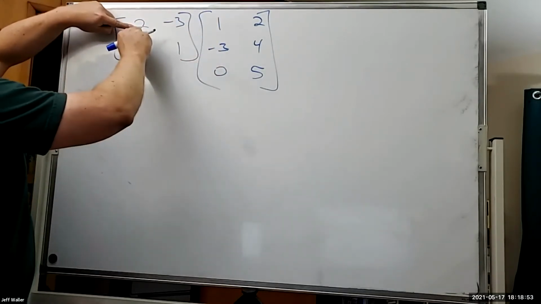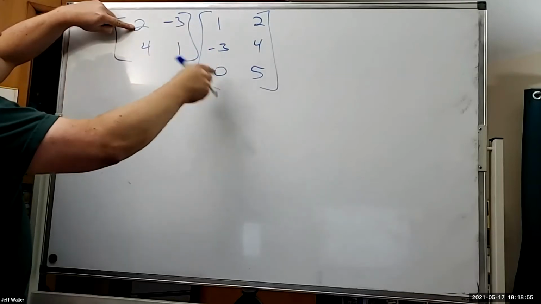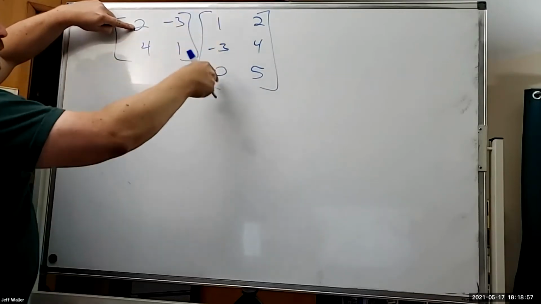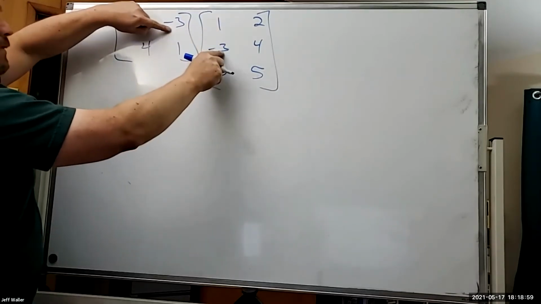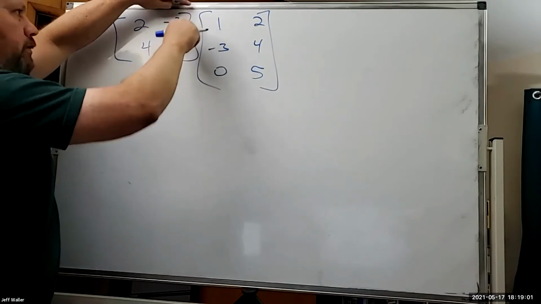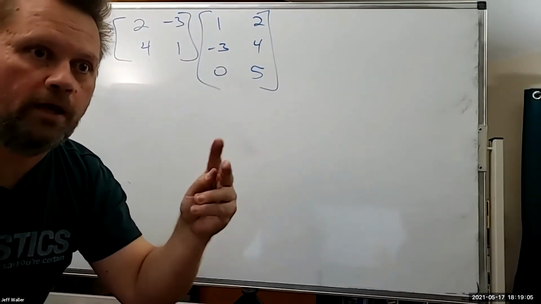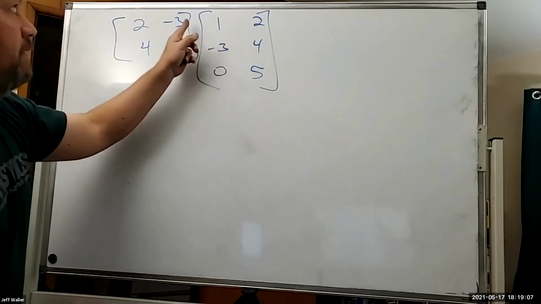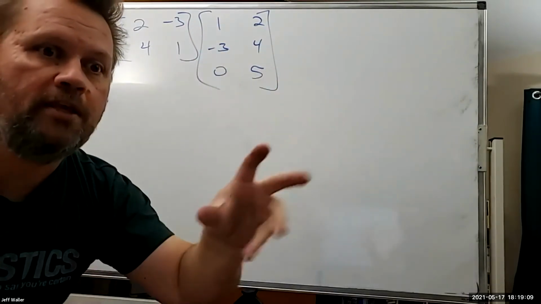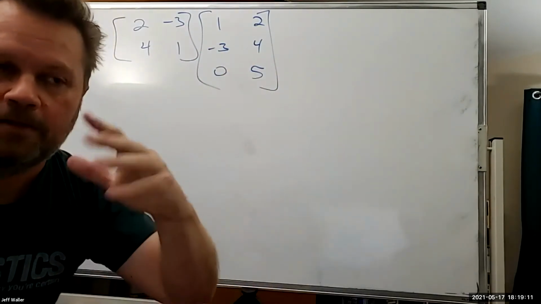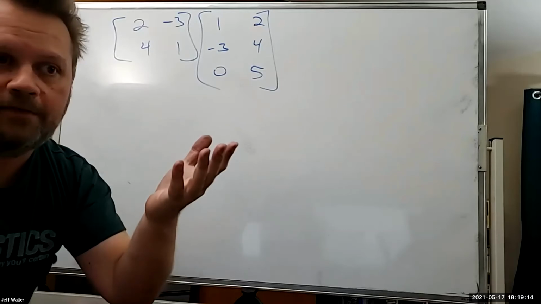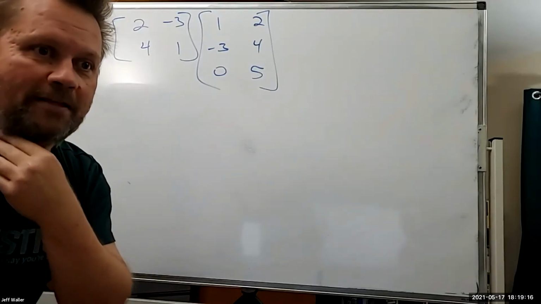And do they match up? Not really. I can do 2 times 1, -3 times -3, and then void times 0. We can't handle the void. It's not even 0. It's just that nothing exists there. It's undefined. It's worse than that. Indeterminate.